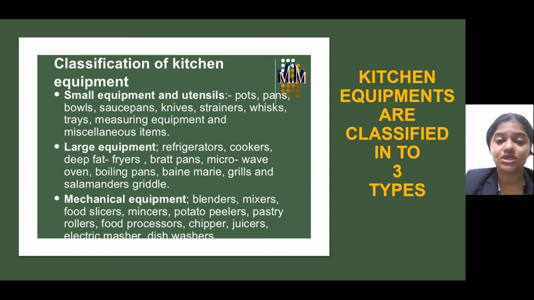Next we have bowls. Bowls can be made of plastic or steel. Bowls are used for mixing, for kneading, for mixing batter or dough, or for collecting all the ingredients in one small container. These are the examples of small equipments.